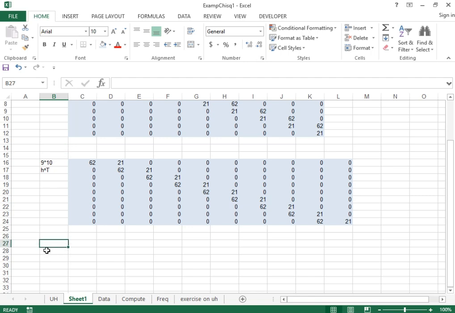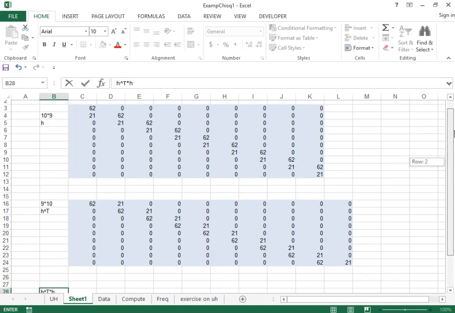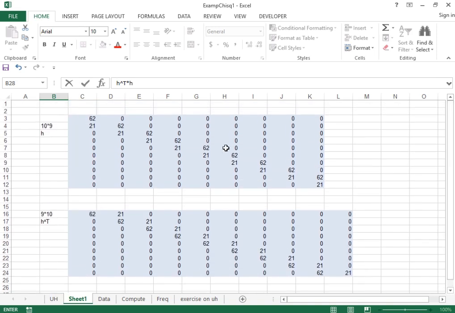Here is H transpose times H. H transpose by H. So when you multiply a matrix, for instance, we have this 10 by 9 matrix here, and here we have a 9 by 10 matrix.